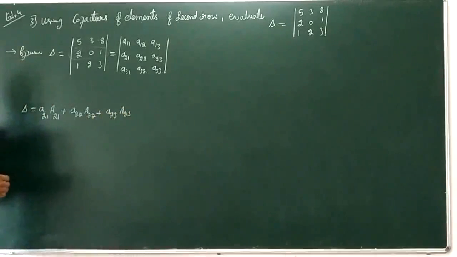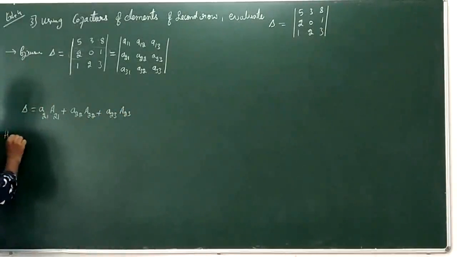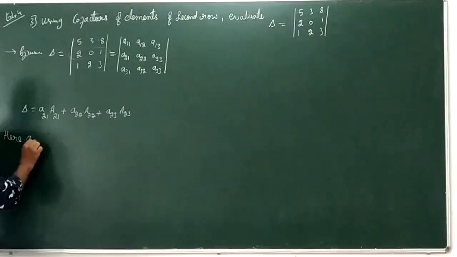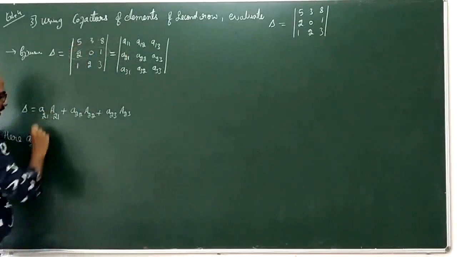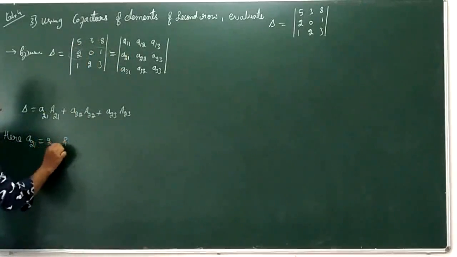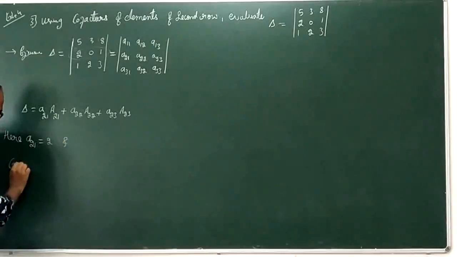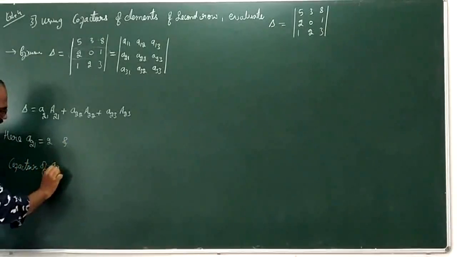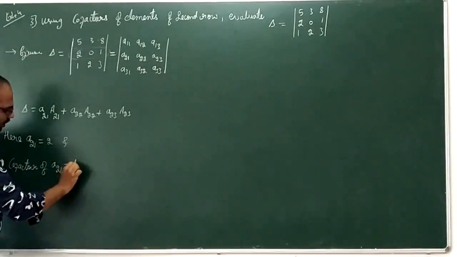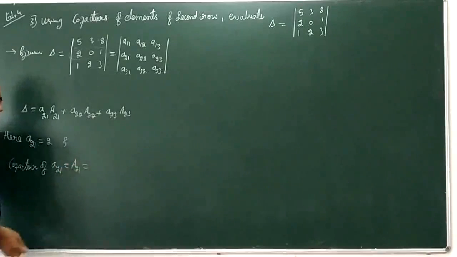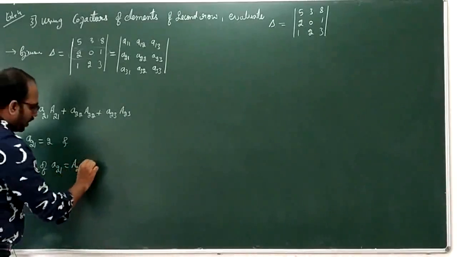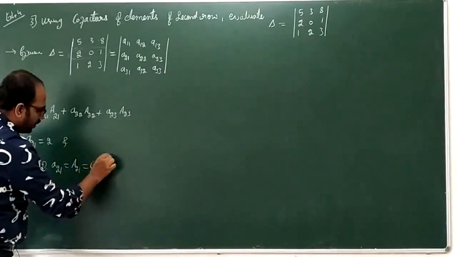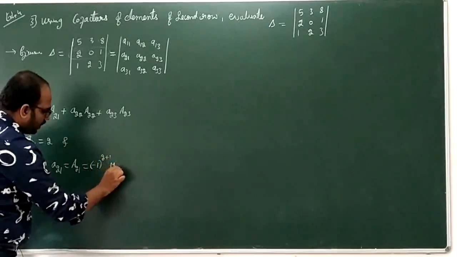Now here, A21 is equal to 2, and cofactor of A21 is capital A21, equal to minus 1 to the power of 2 plus 1 into minor of 21.